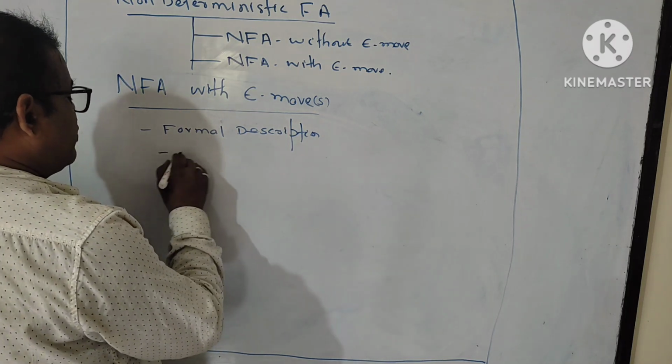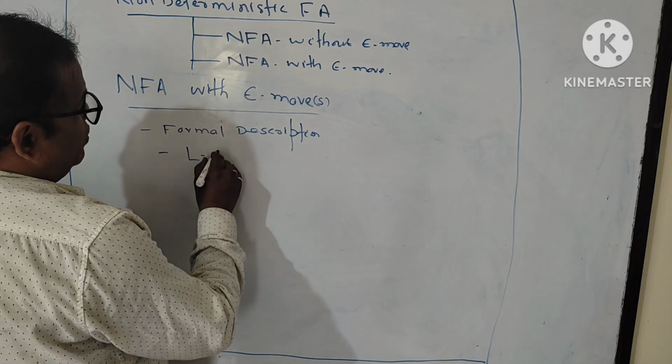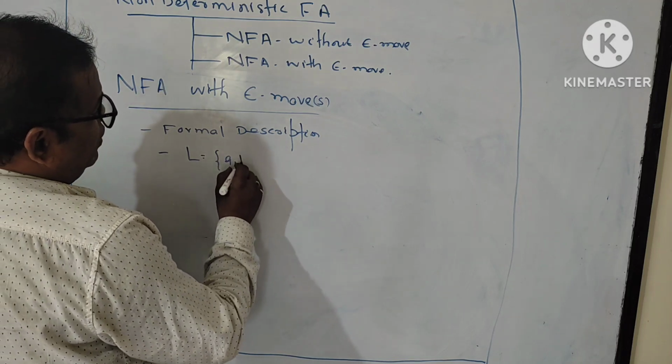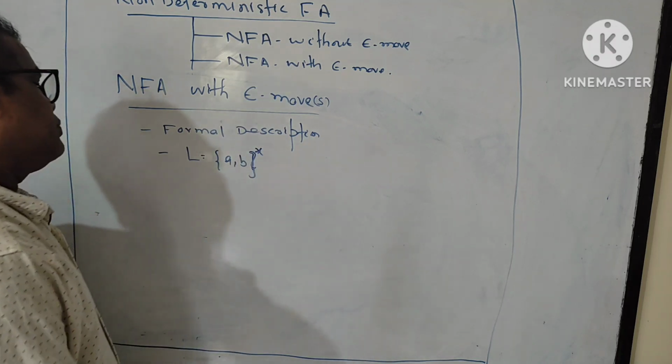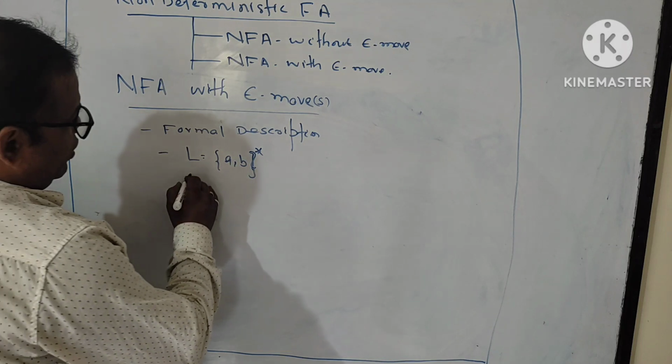We have been given a language L, which is (A, B) whole star. What is it exactly talking about?